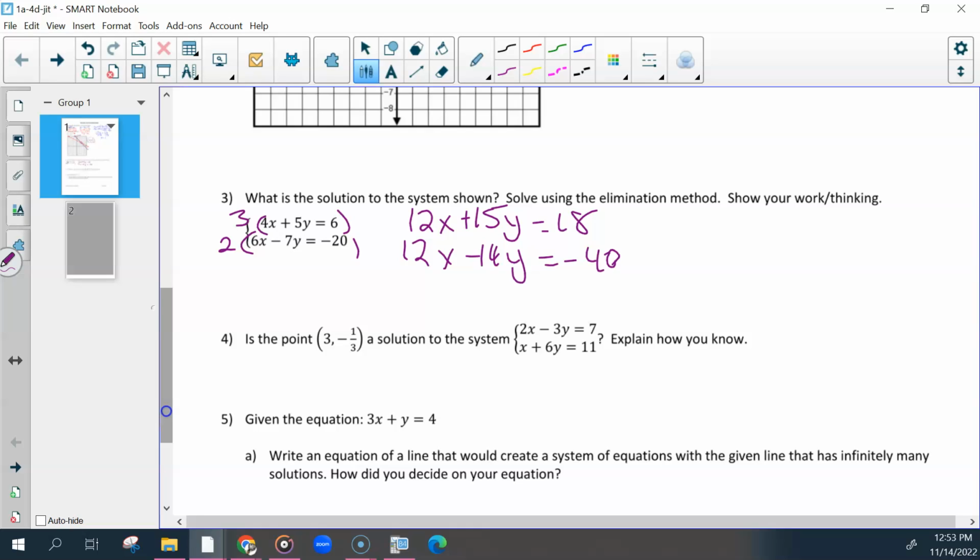To eliminate the x's, we would need to subtract. 15 minus a negative 14 would give us a positive 29y because you're really adding. And then same thing here, 18 minus a negative, you're really adding, so it's going to give us a positive 58. And then divide both sides.